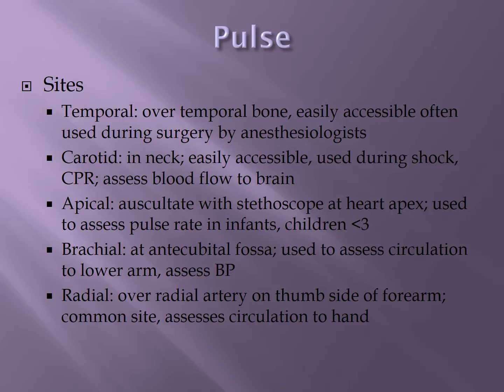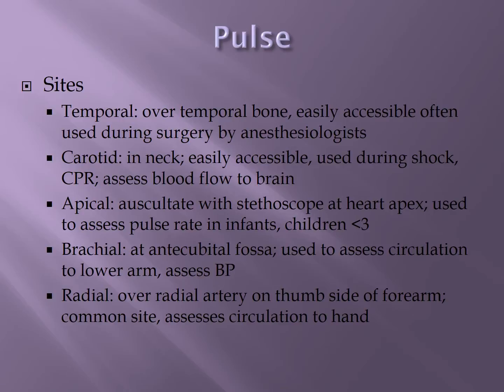So you're going to be moving medially. This seems to be a pulse that some students have difficulty finding, and usually it's because they're not rolling that pulse medially. So find the little indentation in your arm and then pull it towards midline.